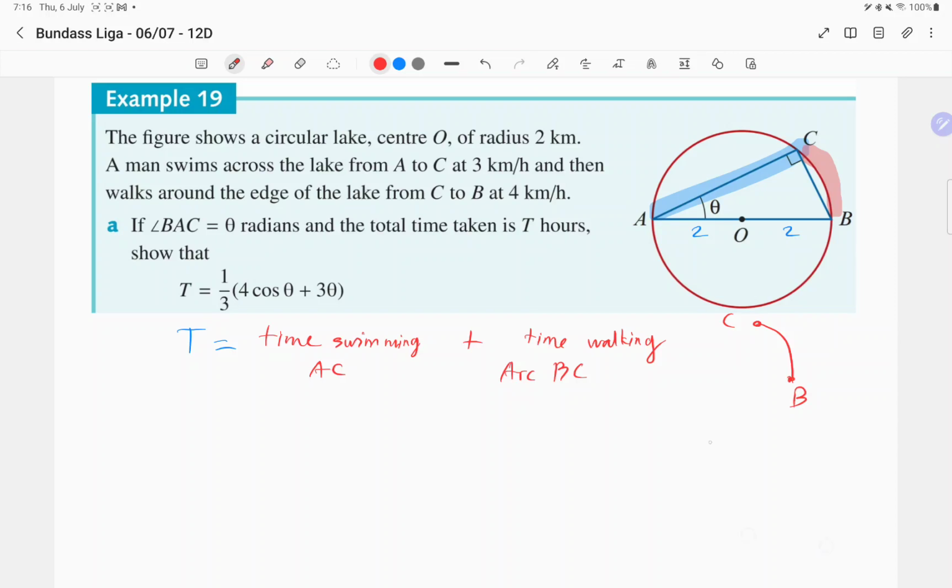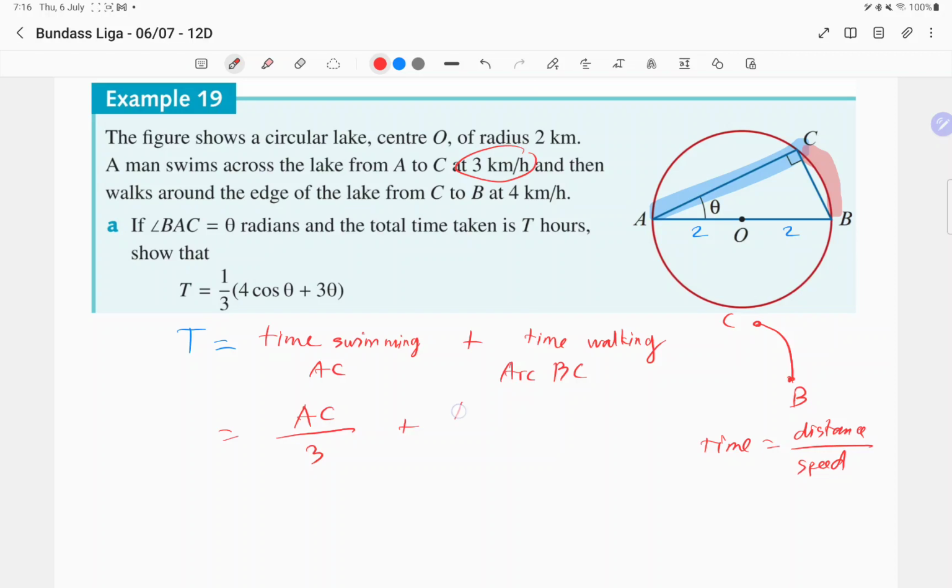So time is equal to what? Time is distance over speed. Are you guys aware of that formula? Yeah, Emily. So time is distance over speed, and for time swimming the distance is AC, and the speed of swimming is 3 kilometers per hour.